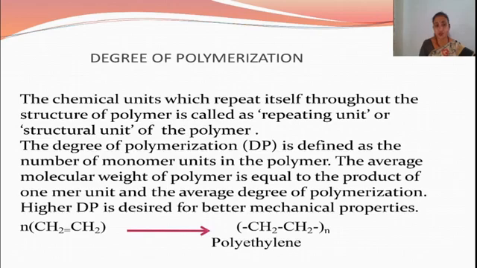The average molecular weight of the polymer is equal to the product of one mer unit and the average degree of polymerization. Therefore, we can say that higher DP values are desired for better mechanical properties.